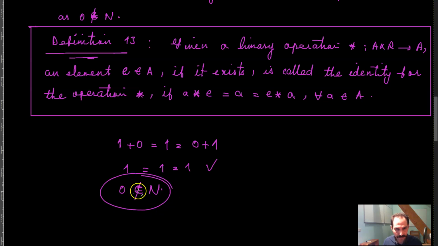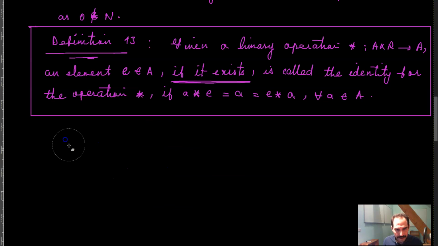Here we are saying that if it exists, and 0 doesn't exist in N, so it's not an identity on anything in N, not multiplication, not division, not subtraction, and so on. So that is that.